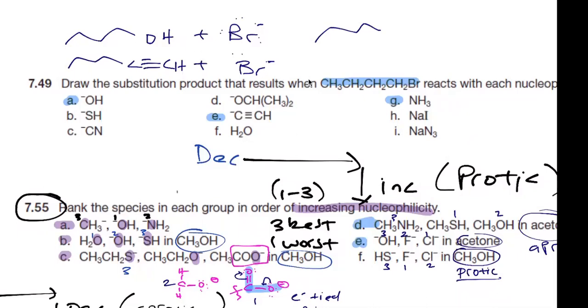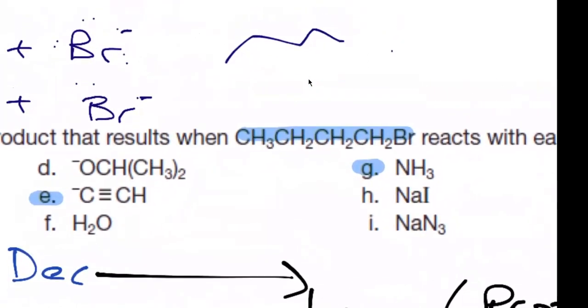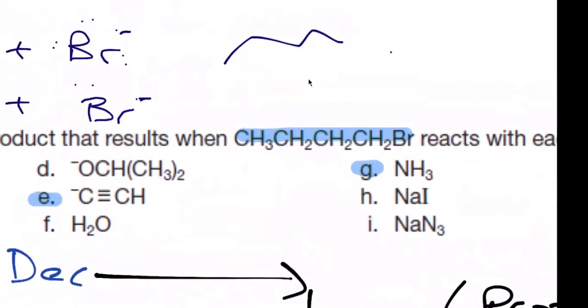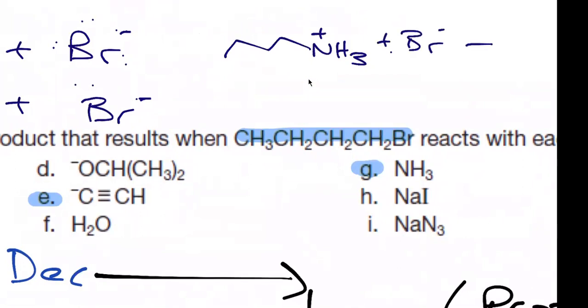Okay. That's not wrong, as it would start out like this. I'm glad you spoke up. It will be here first, right? Plus Br minus, which would eventually do a proton transfer. So that's exactly right. Plus HBr.